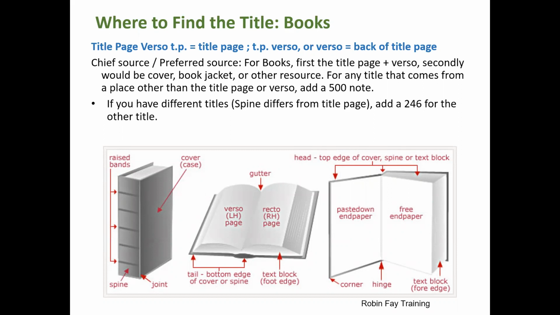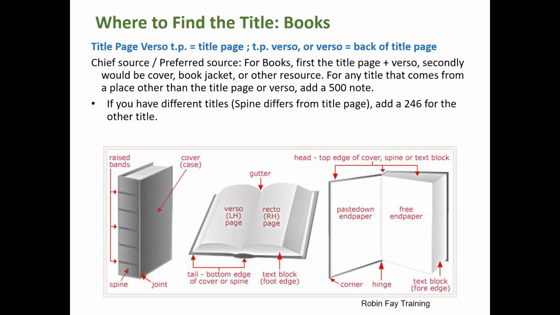Because for a copy cataloger or me, as I'm looking at that record, it would be very helpful for me to know that the title came from the book jacket, and I don't have the book jacket, but everything else matches about that. So I'm going to say I can use that record. You can also add a 246. You remember I mentioned there were other places you could account for differences of titles. If you have more than one title, you can add a 246 for another title as well.